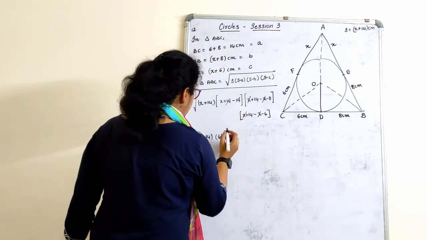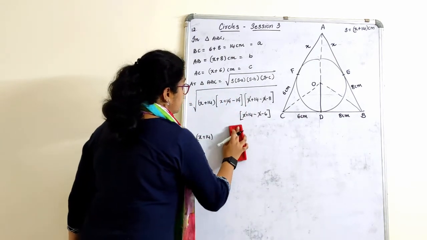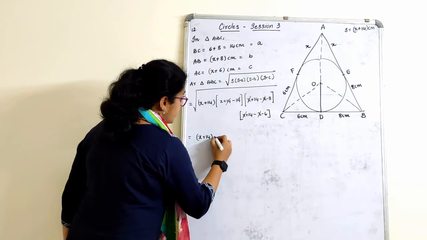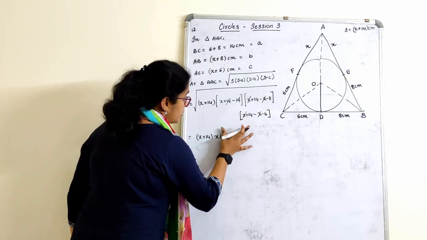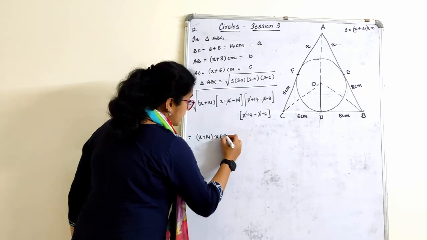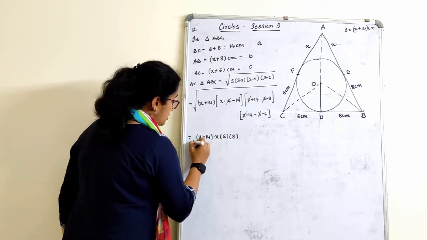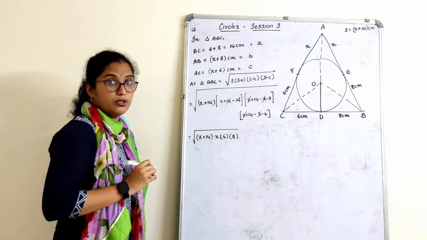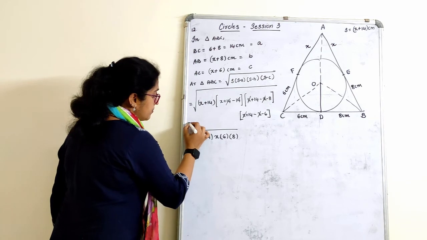One more x is remaining here. This x will remain here. Then you have 8, you have 6. 14 minus 8 is 6, and 14 minus 6 is 8. This much is remaining as a root. So that is nothing but area of triangle ABC.